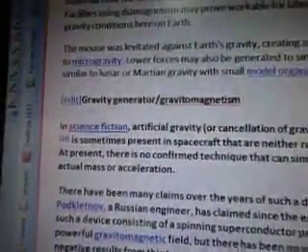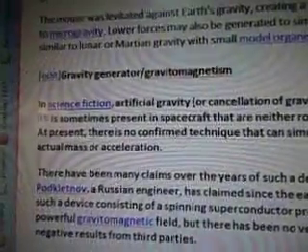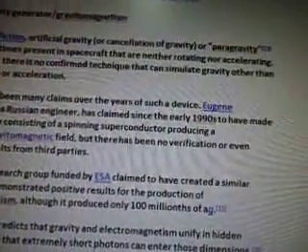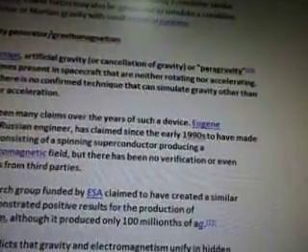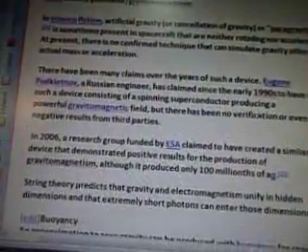Next thing that comes up is gravity generator, gravitomagnetism. In science fiction, artificial gravity or cancellation of gravity or paragravity is sometimes present in spacecraft that are neither rotating nor accelerating. At present, there is no confirmed technique that can simulate gravity other than actual mass acceleration. There have been many claims over the years.